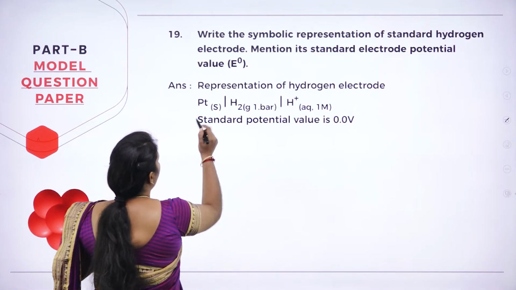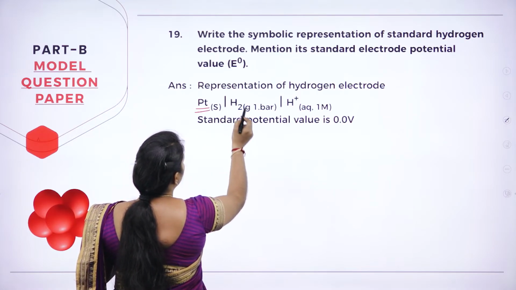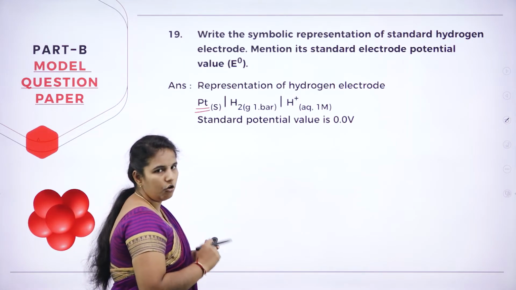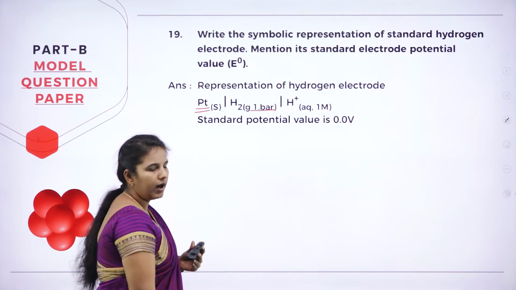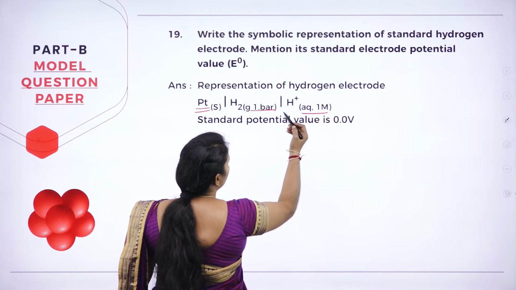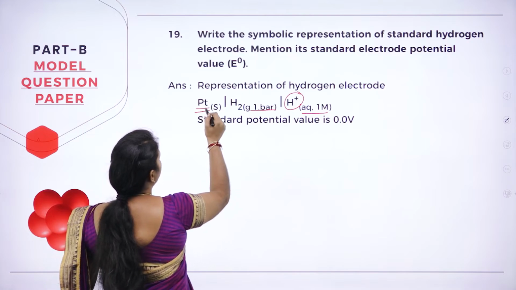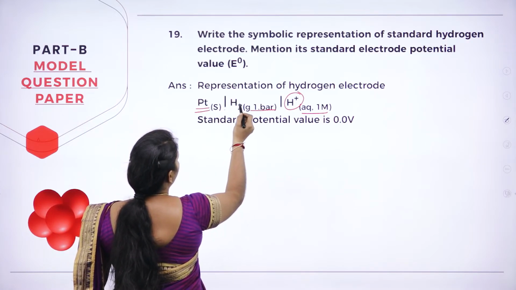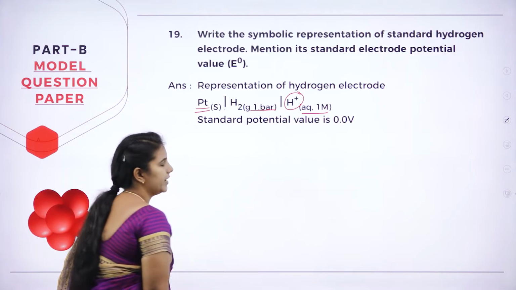It is platinum, which is a solid electrode, and hydrogen gas maintained at 1 bar pressure, dipped in 1 molar aqueous solution of H plus ion. So: Pt | H2 gas (1 bar) | H+.